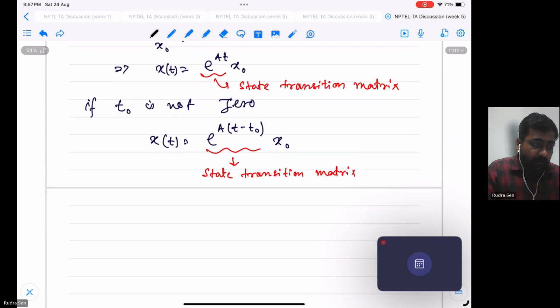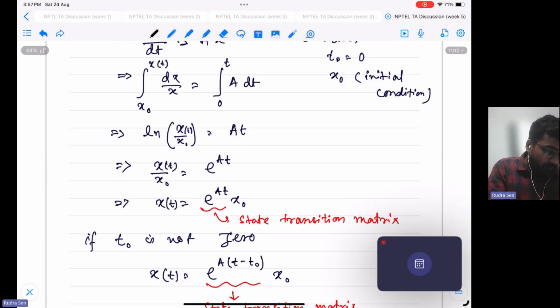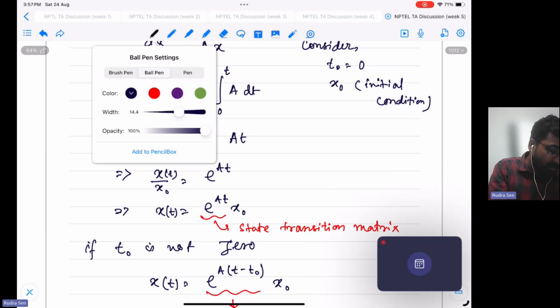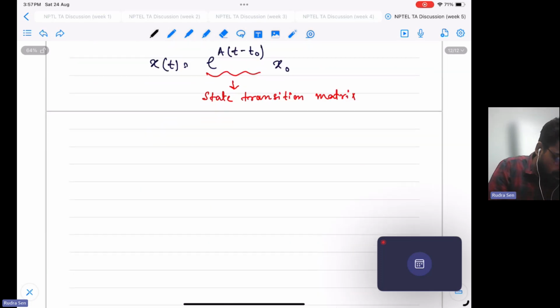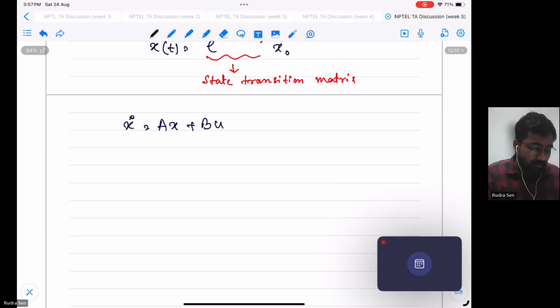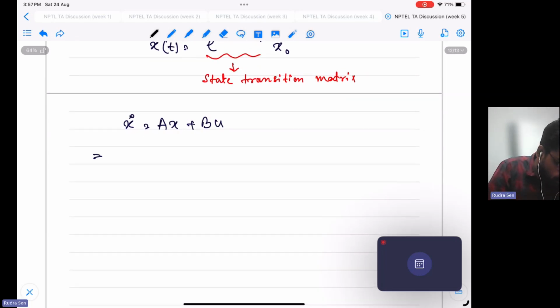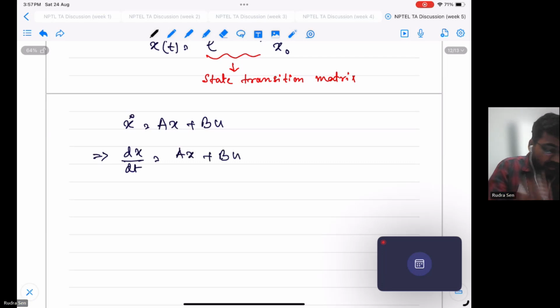Okay. Now for the forced system, that means for this case x dot equals Ax plus Bu. So in that case, dx by dt is the same Ax plus Bu. Okay.